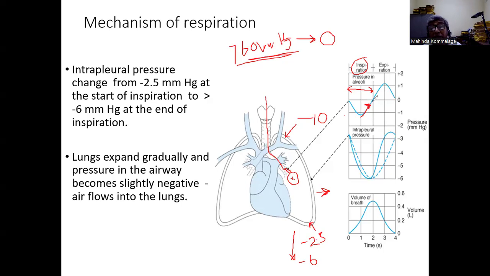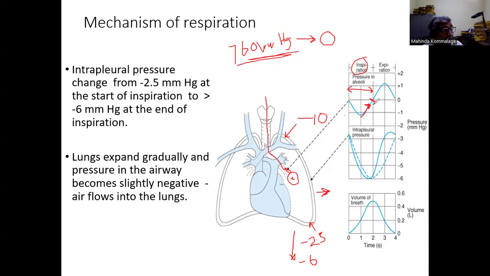And so at the end of the inspiration, intra-alveolar pressure comes to 0, but intrapleural pressure is still low, -6 at the base. Lungs are expanded because it's still inspiration, but airflow stops.